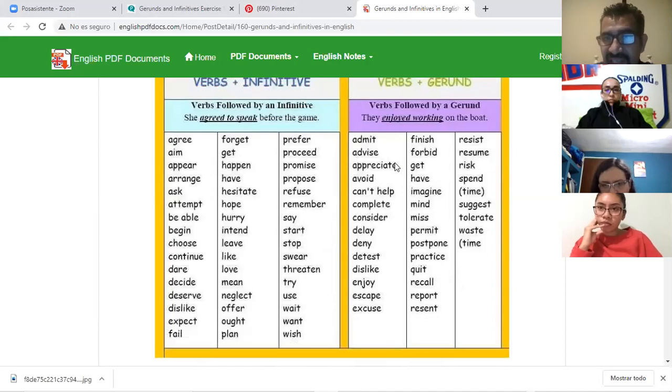You have admit, advise, appreciate, avoid, can't help, complete, consider, delay, deny, detest, dislike, enjoy, escape, excuse, finish, forbid, get, have, imagine, mind, miss, permit, postpone, practice, quit, recall, report, resent, resist, resume, risk, spend time, suggest, tolerate, and waste time. So every time that you have these verbs, the next action is in gerund, like the example I gave you with enjoy.